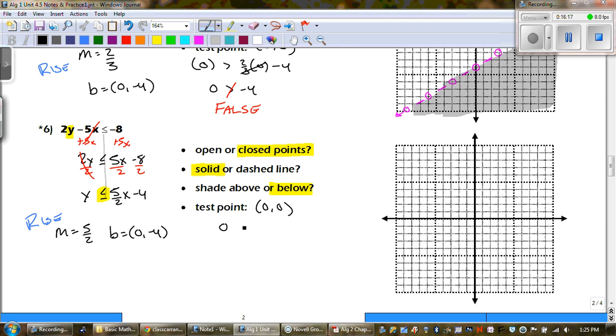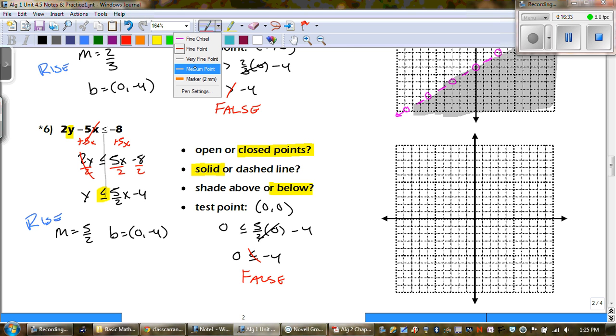So we got 0 less than or equal to 5 over 2 times 0 minus 4. We have 0 less than or equal to negative 4, which is false. Okay, so let's go through and shade this. Starting at negative 4, it's closed, and we're going up 5 over 2.